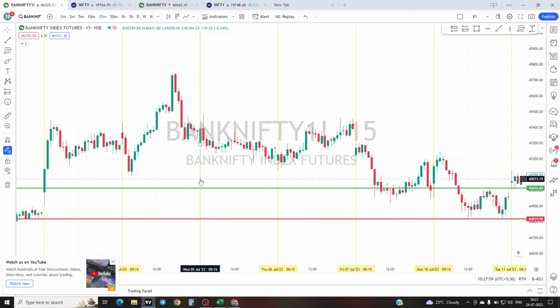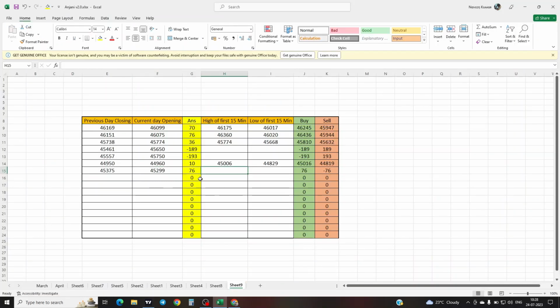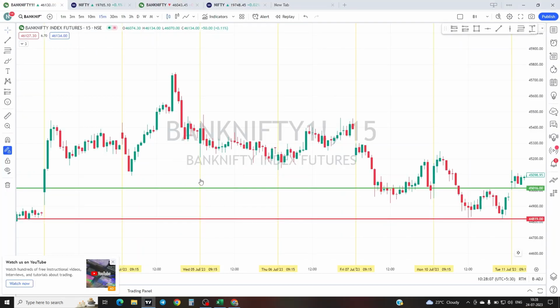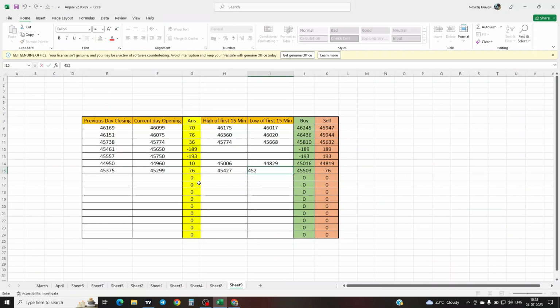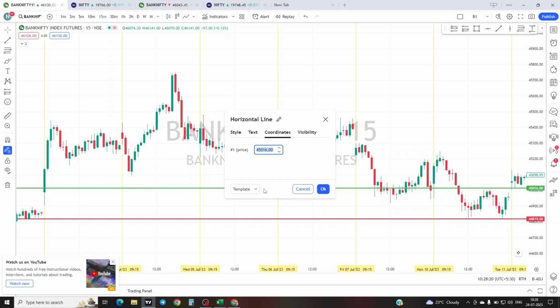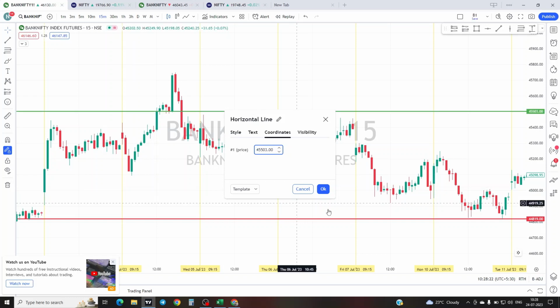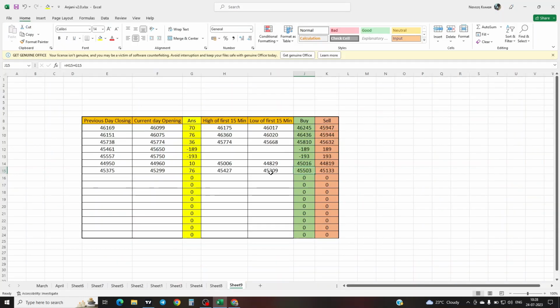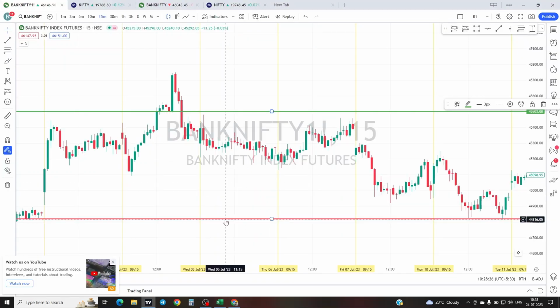What was the high? 45427. And what is the low? 45209. What are the buy values we got? 45503. What is the sell value we got? 45133.